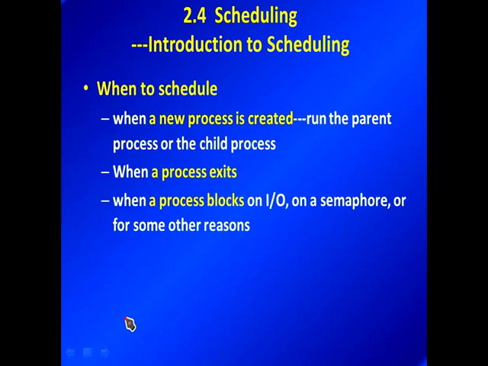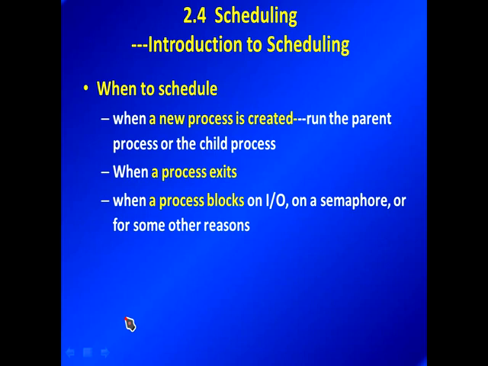And for the third case, when the process blocks, sometimes a process can make some system calls to block itself, right? We just learned about this. We learned sleep and wake up, these two system calls. In sleep, the process can block itself.